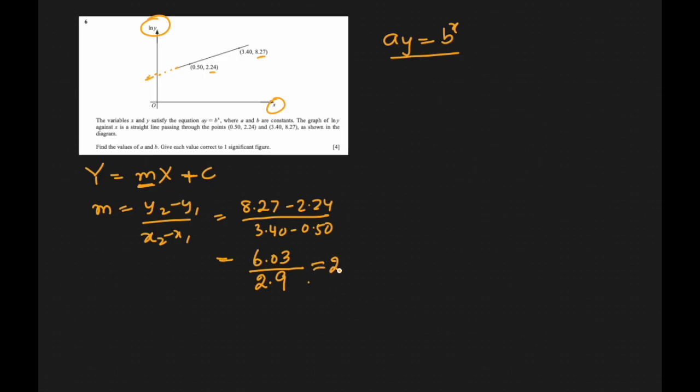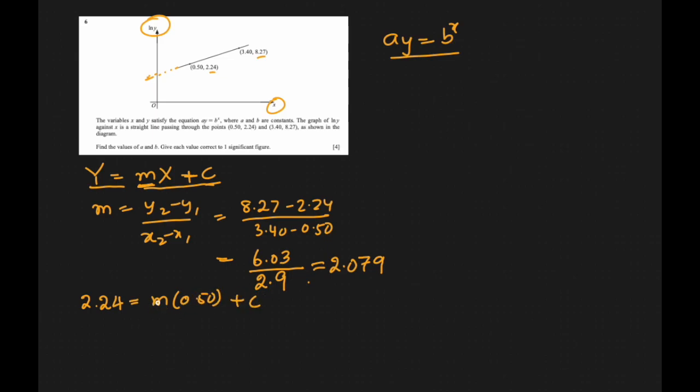So 2.079 is the gradient. Now I need to find c, and I will substitute one of these 2 points to get c. Let me substitute the easier one, which is 0.50 and 2.24. So in this equation I'll put that: 2.24 equals m times 0.50 plus c.